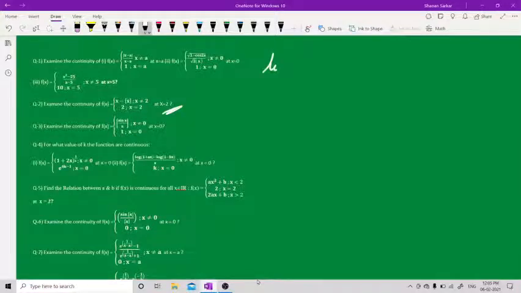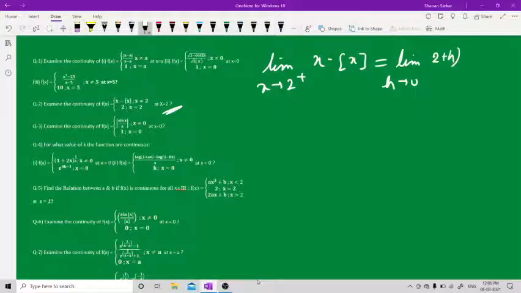So the limit x tending to 2 plus, you write x and the floor function. I hope you remember the floor function. So limit h tending to 0, 2 plus h minus floor of 2 plus h.